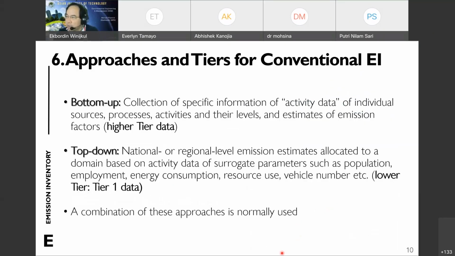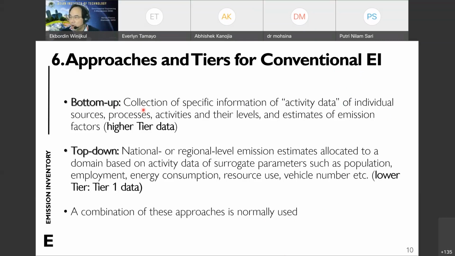Okay, talking about approach and tiers of the conventional emission inventory, there are two types of approach that we use in order to develop the emission inventory. The first one is the bottom-up approach, so starting from the bottom going up.